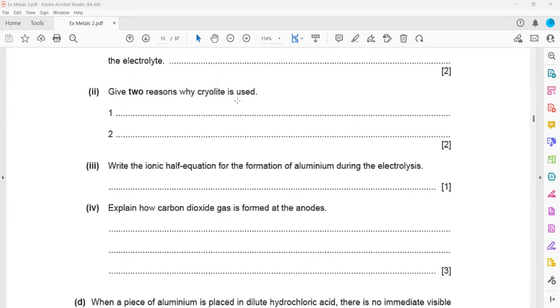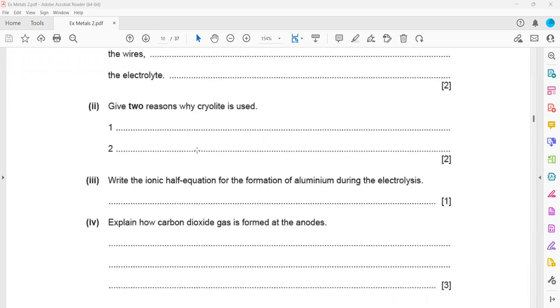This is a reduction, a gain of electrons. But we have to write an ionic half equation. Aluminium is 3+, so it will take 3 electrons. Al3+ plus 3e- equals Al. It takes 3 electrons and turns into an aluminum atom.